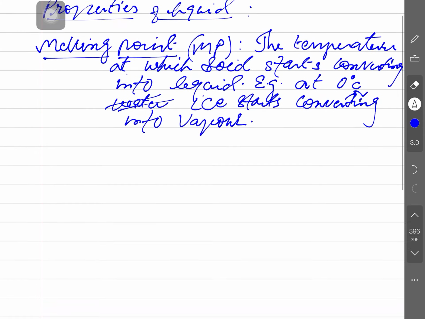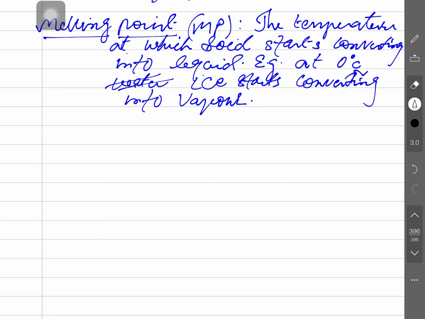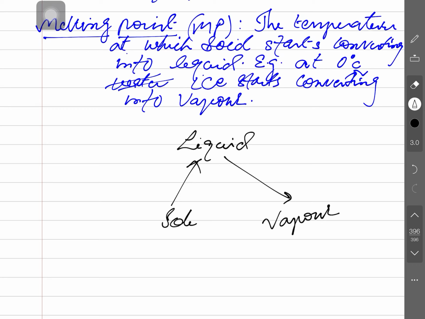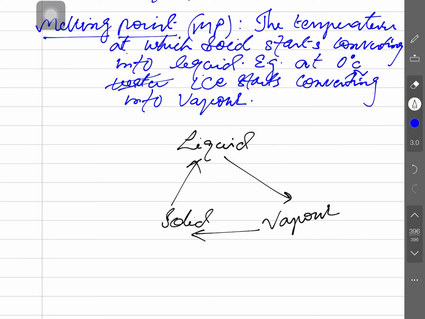In the case of water, we can understand simply that it has three phases: solid, liquid, and vapor. When you heat a solid, it will convert into liquid. This heating is called melting.